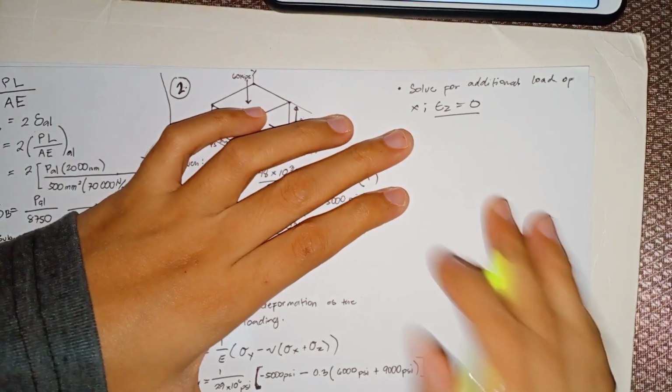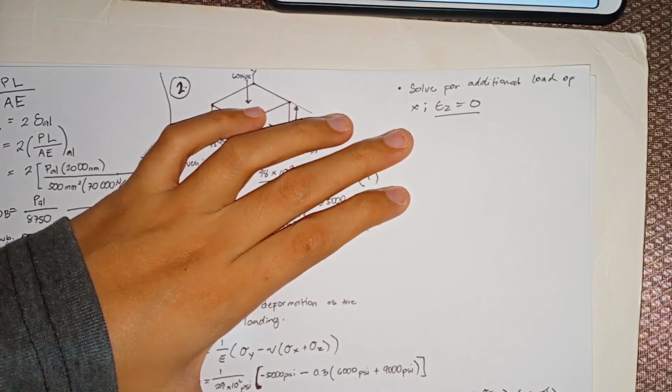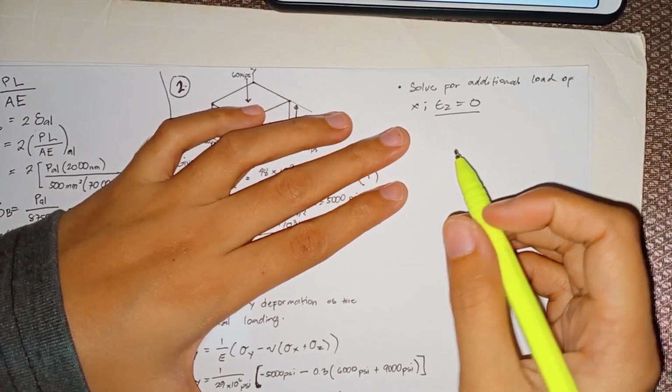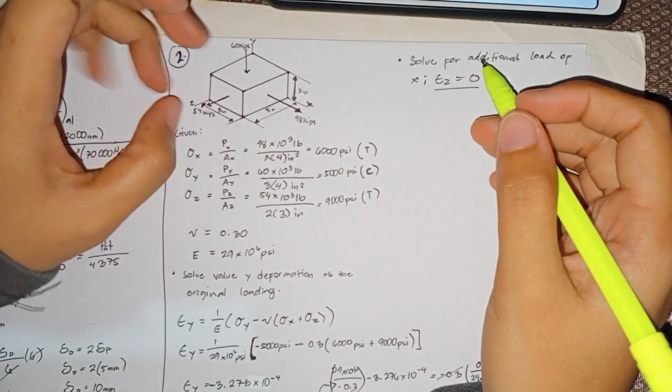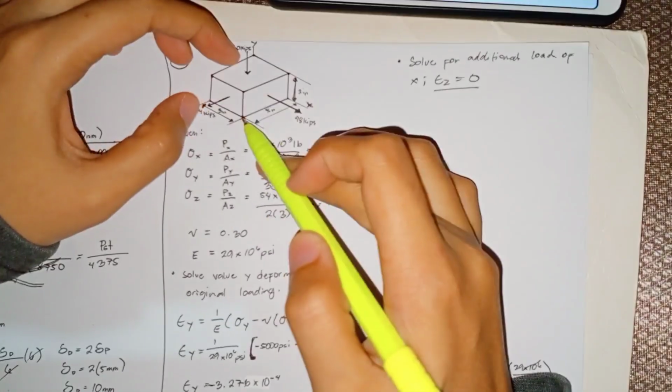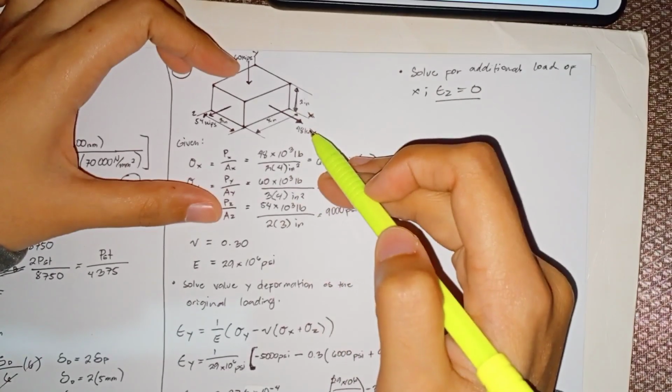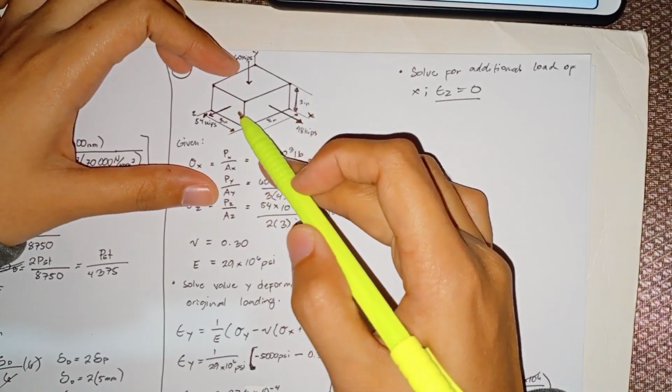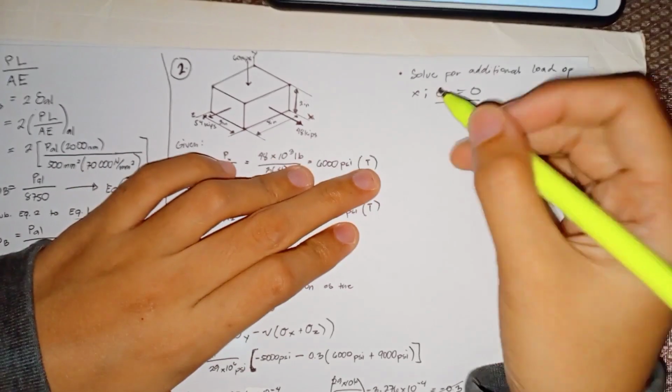So, ito siya yung condition natin. So, ano ba yung formula natin sa strain? Multi-axial or tri-axial. Kasi, present pa rin itong forces natin, pero kailangan may additional na force dito para walang magiging changes dito.